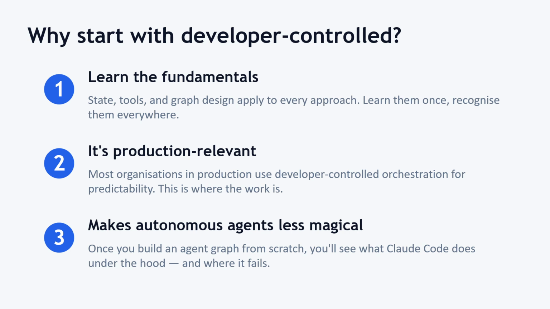Second, most organizations deploying AI in production use developer-controlled orchestration because they need predictability. This is where the professional work is. And third, once you understand how to build an agent graph from scratch, autonomous agents stop being magic. You'll see exactly what they're doing and where they can go wrong.